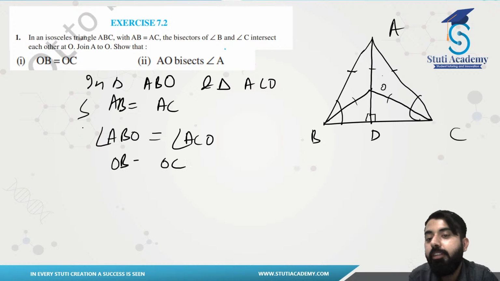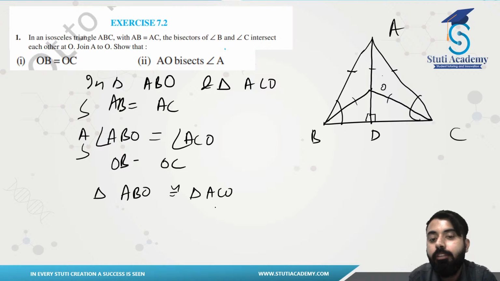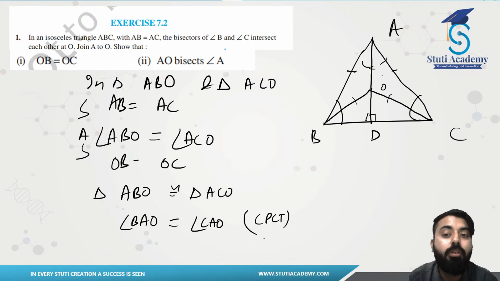So you see, side angle side, triangle ABO will be congruent to triangle ACO, and you can say angle BAO equals angle CAO. These two will be equal using CPCT. So you have just proven the solution now, and you can say AO bisects angle A as well. So that will be the proof to this question.